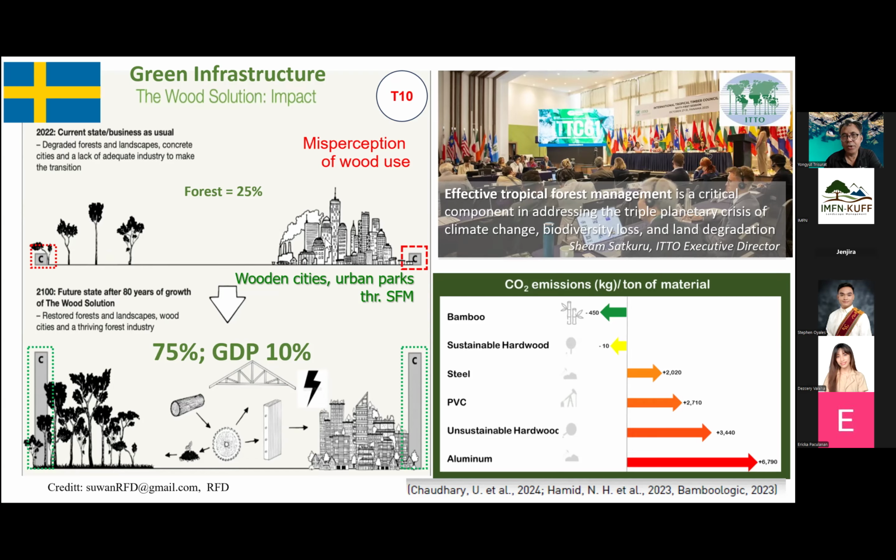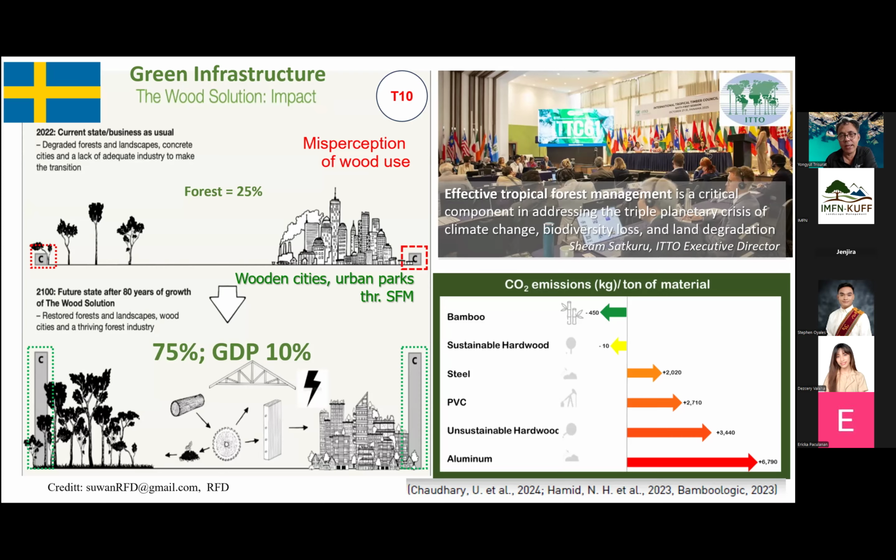And the ITTO also has a similar approach to promote among member countries. If you see on the right-hand side, the carbon emission from materials: if we use wood or bamboo, the emission will be negative.